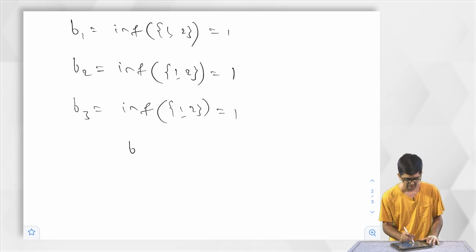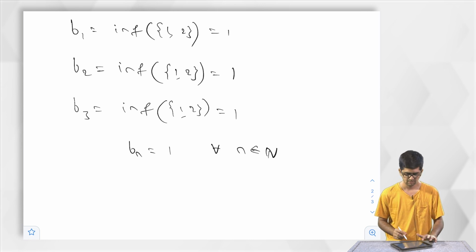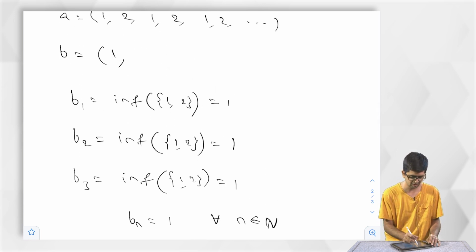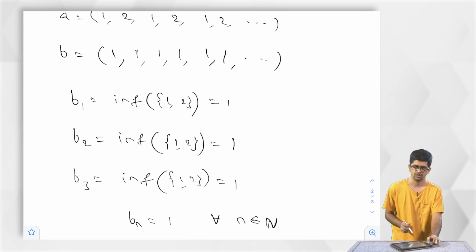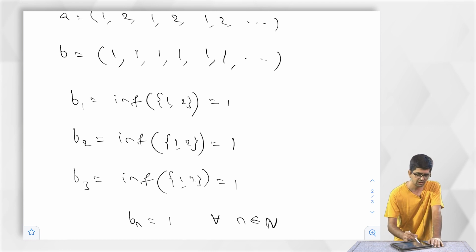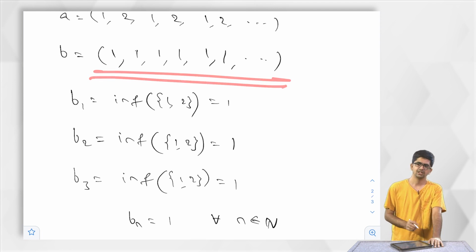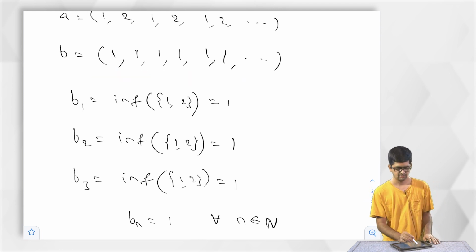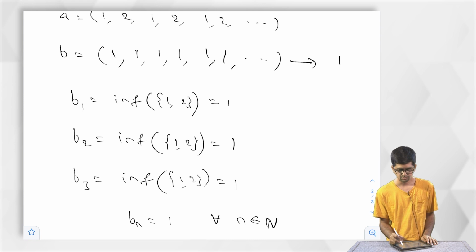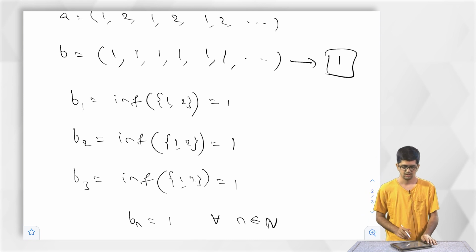So what we have seen is that Bn is equal to 1 for every n in N. I write B here as 1, 1, 1, 1, 1, 1, and so on. We already know that this constant sequence converges to 1, right?